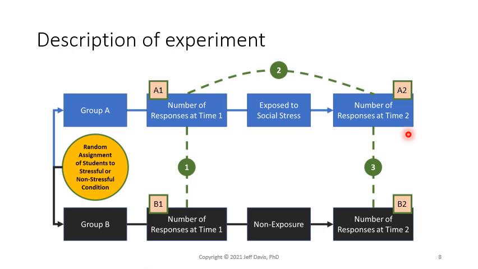Okay, so what we're thinking is going to happen, according to our hypothesis, is that the people exposed to social stress, if they answer, let's say, 10 difficult questions on average, that average might drop to half of that.